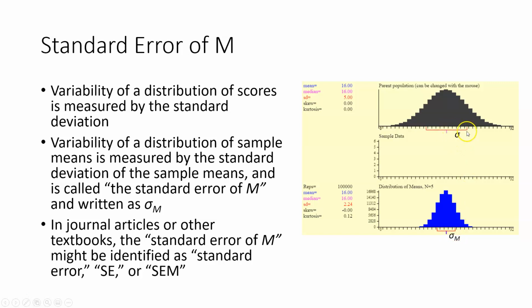And it's shorter or lower by a reliable, trustworthy amount, which is, as we saw in the central limit theorem, sigma divided by the square root of n. So if you want to compute the standard deviation of this distribution of sample means, you would do 5, the sigma, divided by the square root of n, 5, and that would give you the standard deviation of this sampling distribution, 2.24.